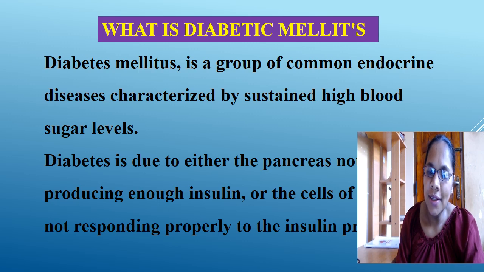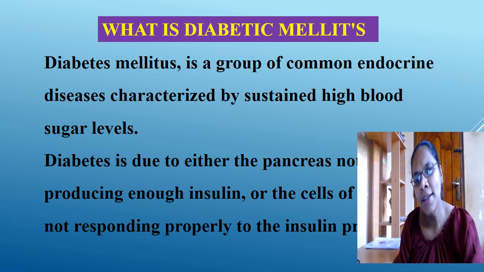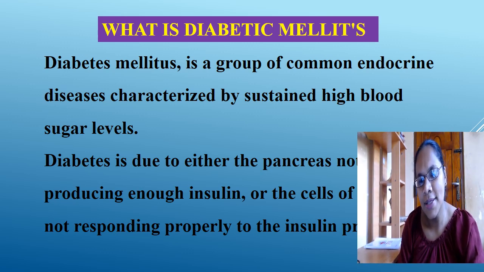Students, I think you all know, before this theory session, about diabetes and its important factors and related things. Now briefly I will talk about what diabetes mellitus is. Diabetes mellitus is a group of common endocrine diseases characterized by sustained high blood sugar levels.